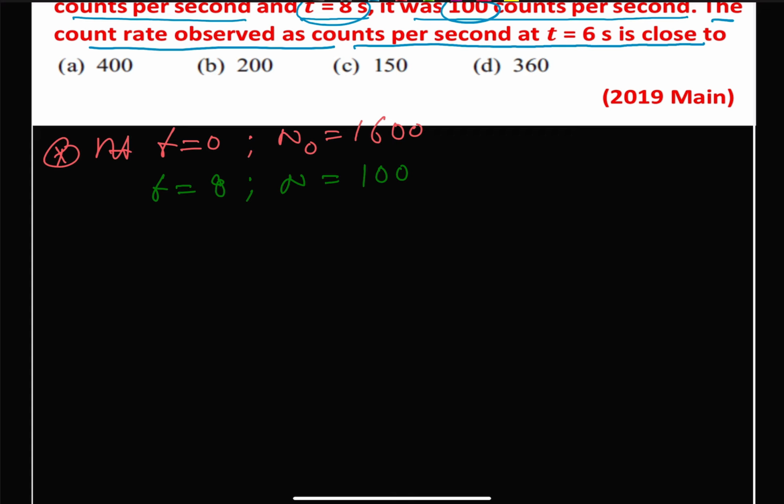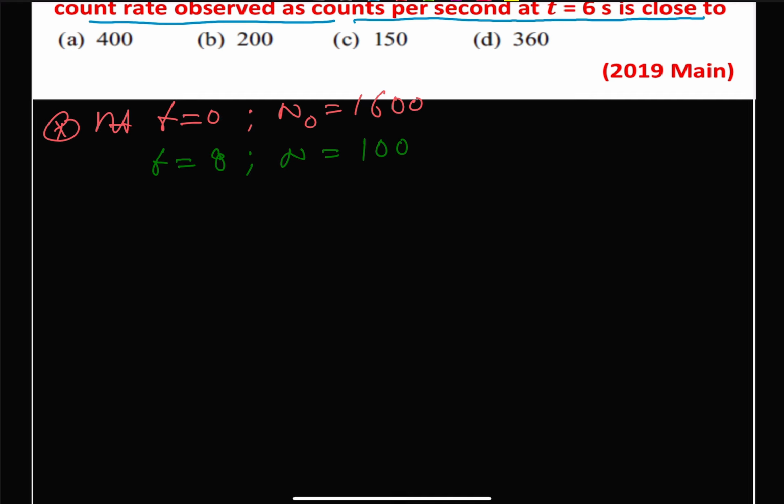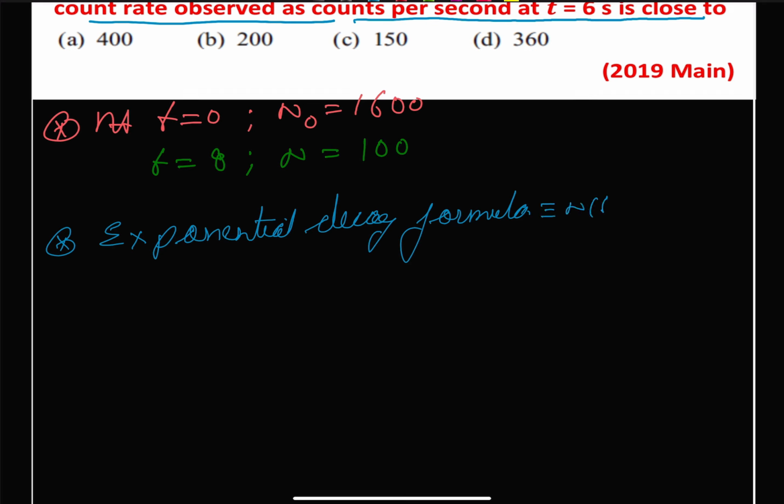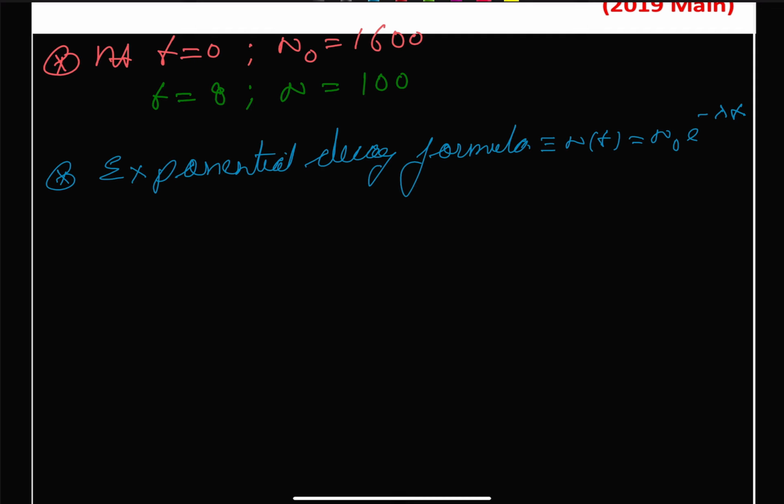And we are going to use the exponential decay formula, which gives us that n of t is equal to n0 e raised to power minus lambda t, and we put the value of t as 8 seconds.